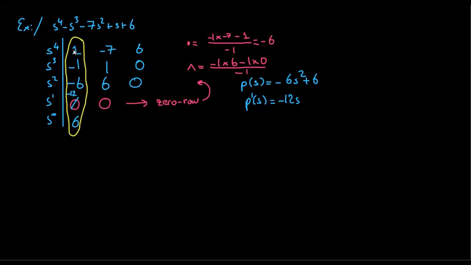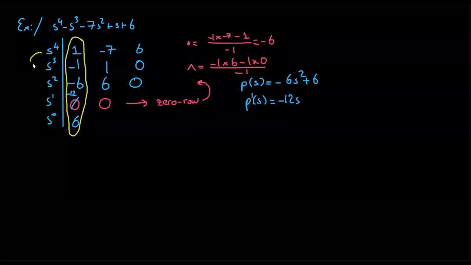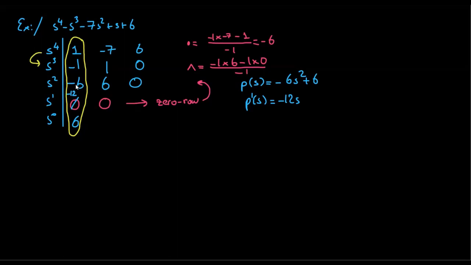So when I'm going from 1 to minus 1, there is one sign change here. When I'm going from minus 1 to minus 6, there are no sign changes. They're both negative. When I'm going from minus 6 to minus 12, there is no sign change. They're both negative numbers. But when I'm going from minus 12 to plus 6, there's another sign change. Okay. So another sign change happened here.